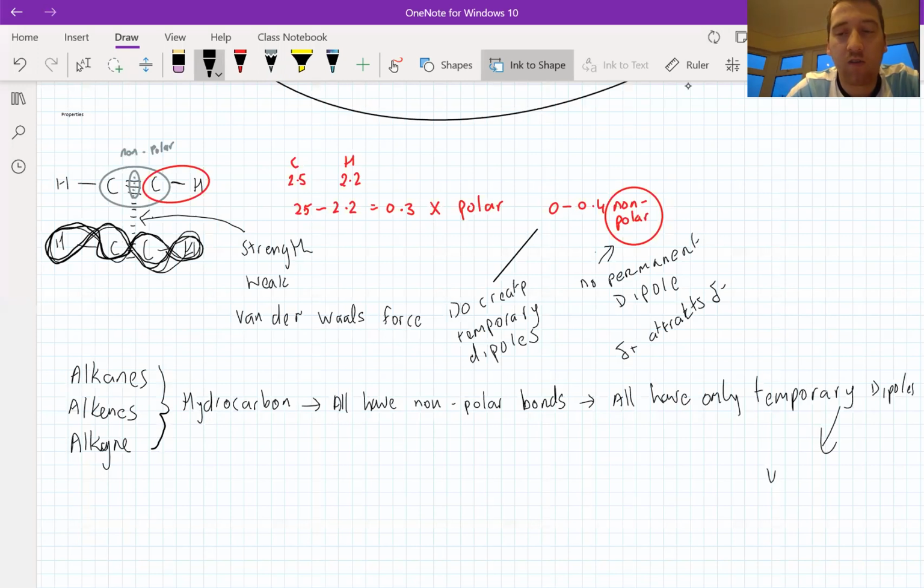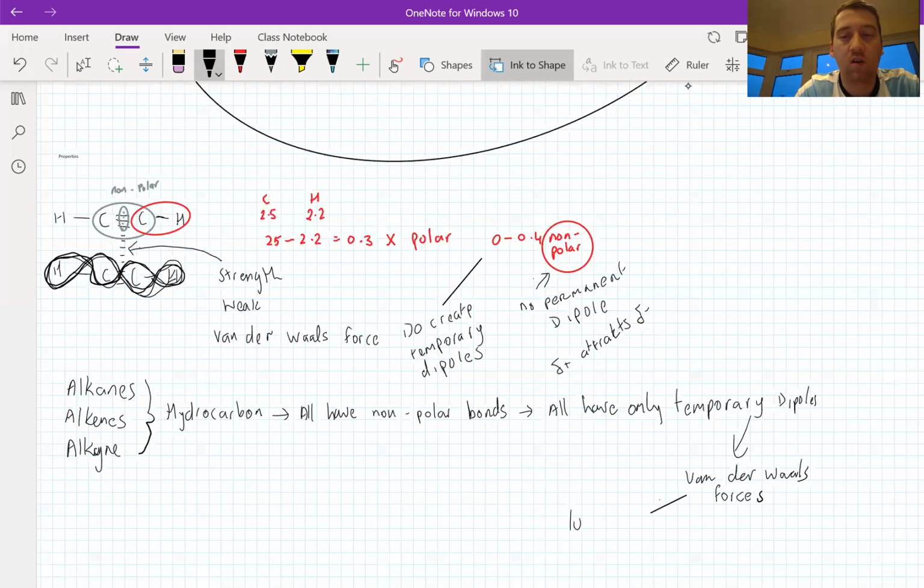Therefore, they will have only van der Waals forces, and if they have only van der Waals forces, they will have low melting and boiling points.